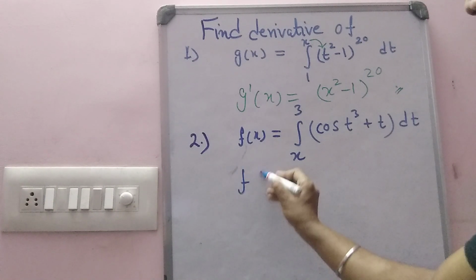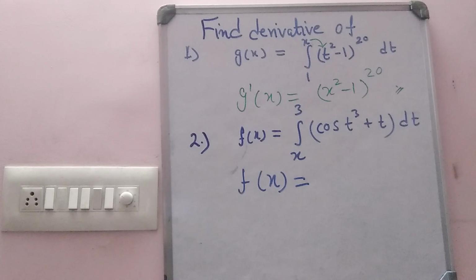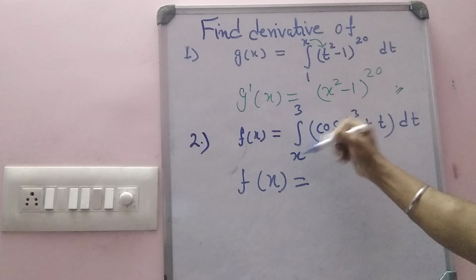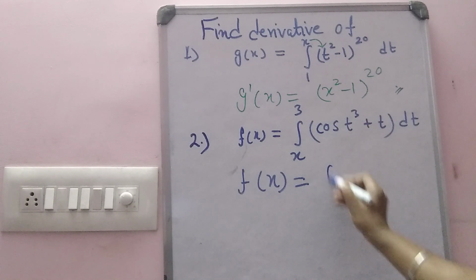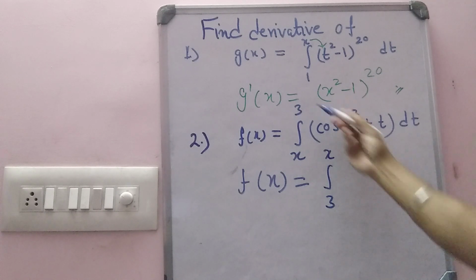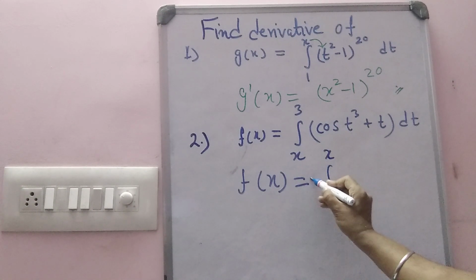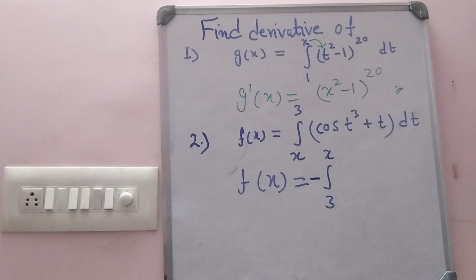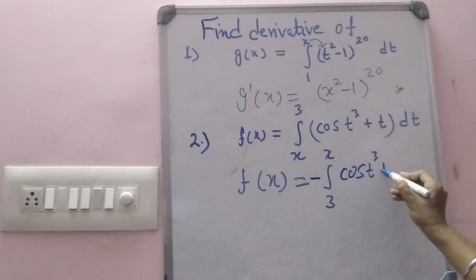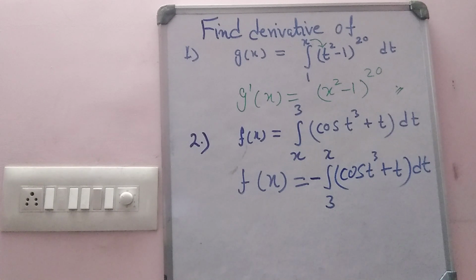So for f of x, because your limit is given x to 3, we can revert our limit and make it 3 to x. Whenever you revert your limits, the sign will change. So it becomes negative: minus the integral of cos t cube plus t dt.